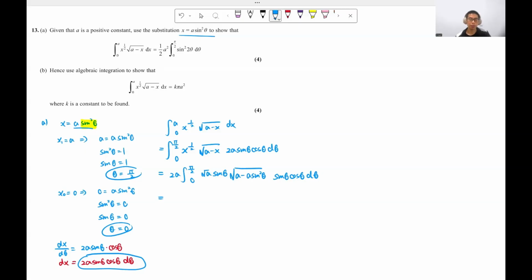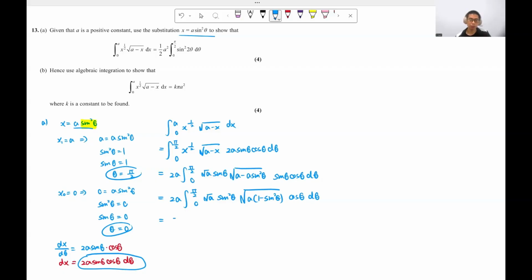And then keep simplifying. So 2a, and then the integral from 0 to π/2, and then root a. So sin θ times sin θ would be sin²θ. And then the square root of (a − a sin²θ) would be a times, in brackets, (1 − sin²θ), if we factorize out a, and then cos θ dθ.